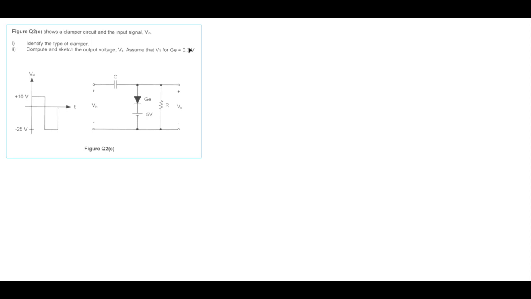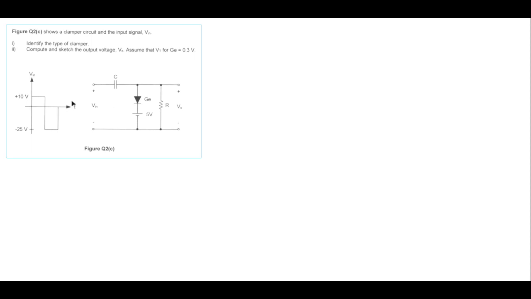As we went through before, in the previous tutorial the diode was facing up. The arrow of the diode is facing up, so the type of clamper is a positive clamper, and I already showed you the waveform.